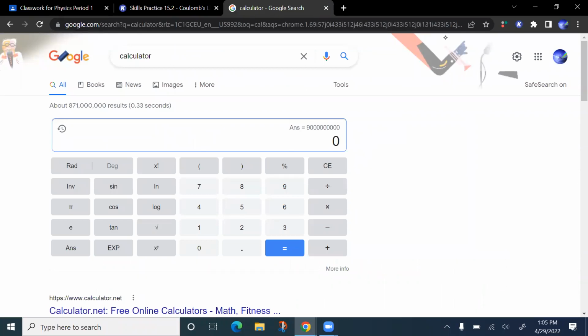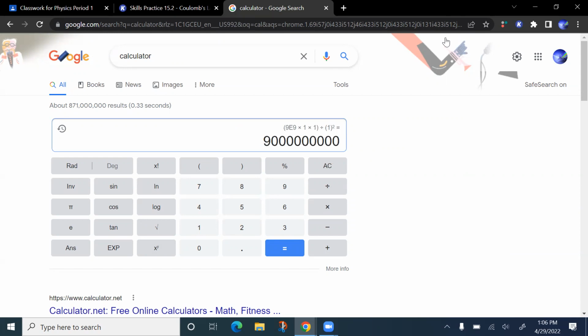Okay, we're going to put in open parentheses, 9 times 10 to the 9, times charge 1, which was 1 Coulomb, times charge 2, which is 1 Coulomb, close parentheses, divide, open parentheses again to now put the R. The R, the distance between the charges, was 1 meter, close parentheses, and then we've got to square the R. So x squared equals, and we get 9 billion.